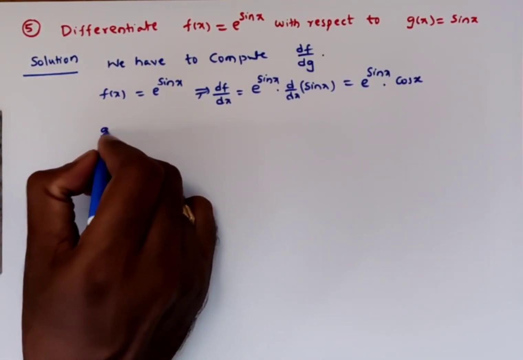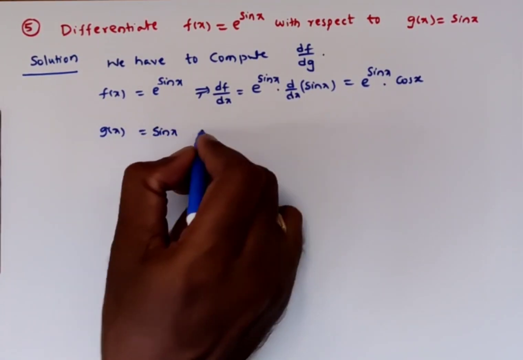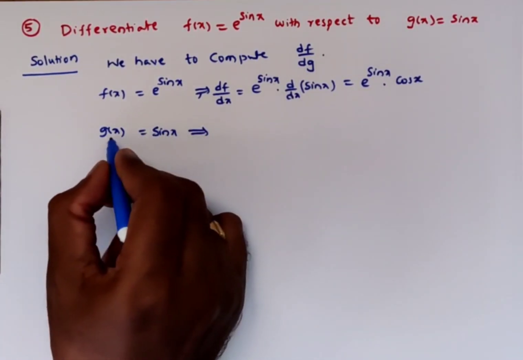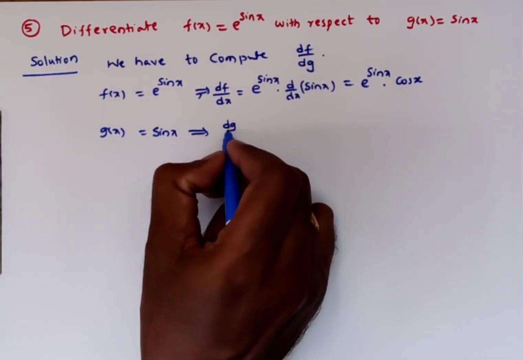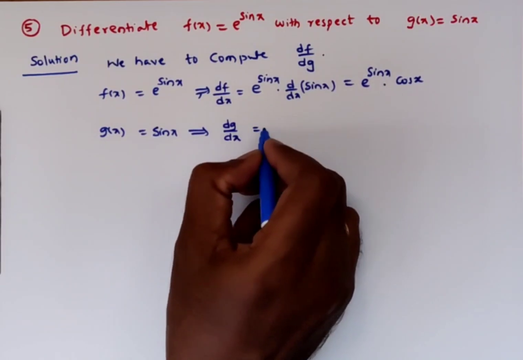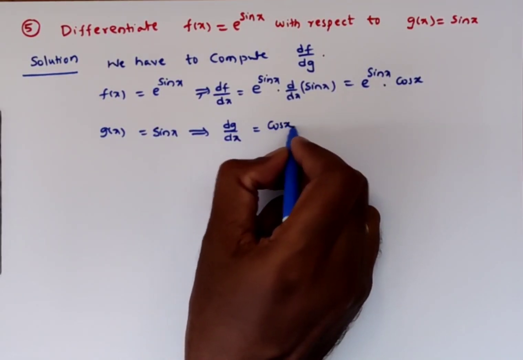And we have one more function, g of x, that is sin x. Applying the derivative of g with respect to x, that is dg by dx, right? So dg by dx is the derivative of sin x, which is cos x.